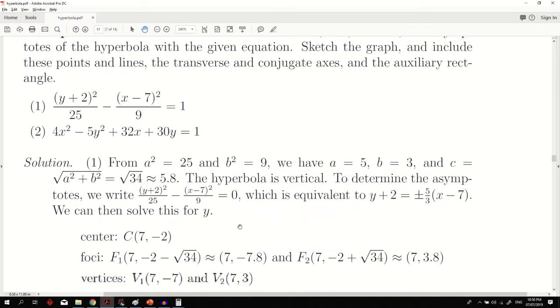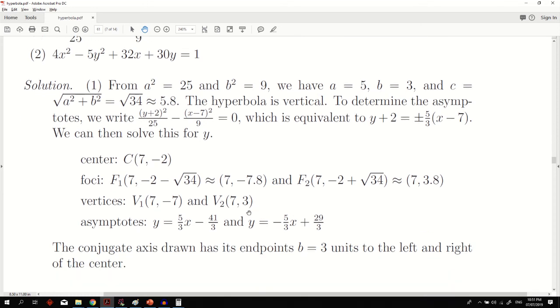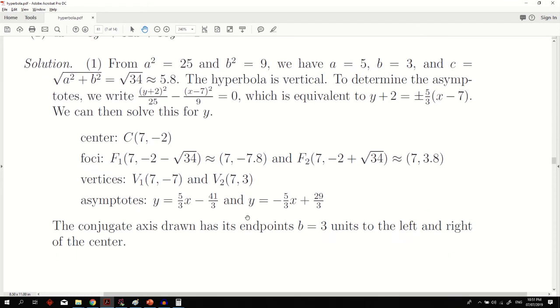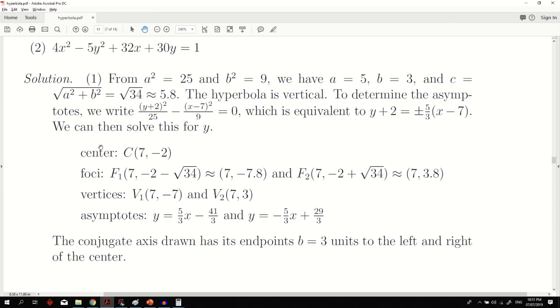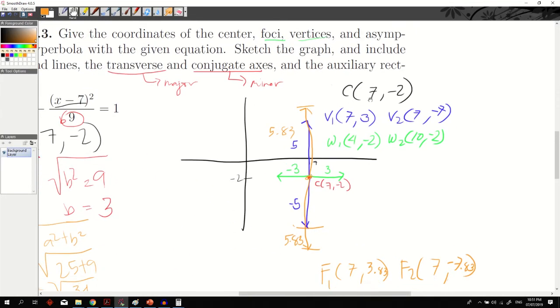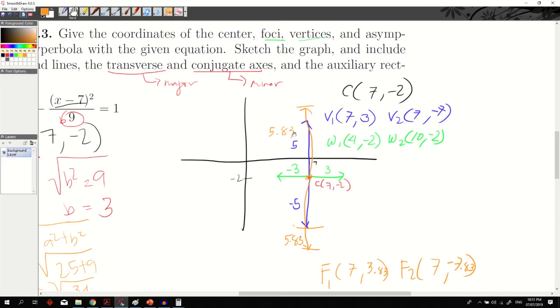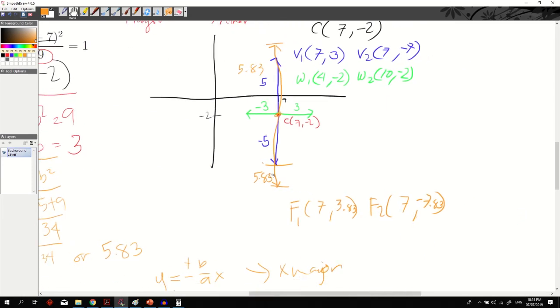So this will be the answer. The center is 7, negative 2. Is that correct with ours? Okay, we have the center 7, negative 2. Then our foci will be 7, negative 2 minus square root of 34. So it will be the same foci here.